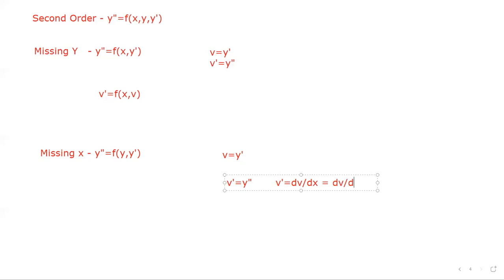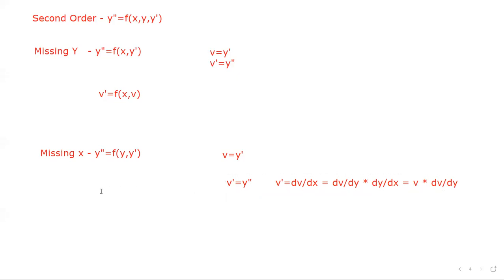We're still going to have that dv dx, but we're going to split it up and make it a dv dy times dy dx. Now we can't just simplify this, but if we use differentials, then the dy's would cancel and get back to where we started from. So this is all legal to do. Now, dy dx is y prime, which is the same as v. So this is really v times dv dy.